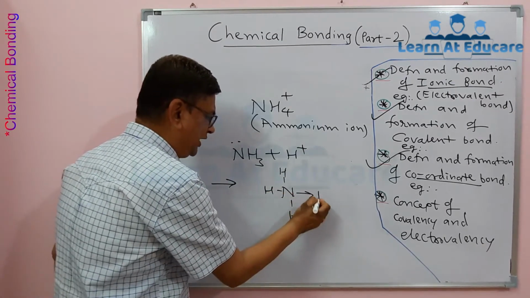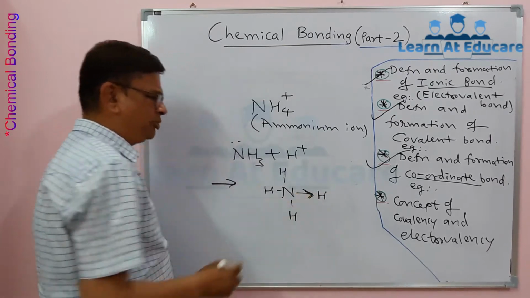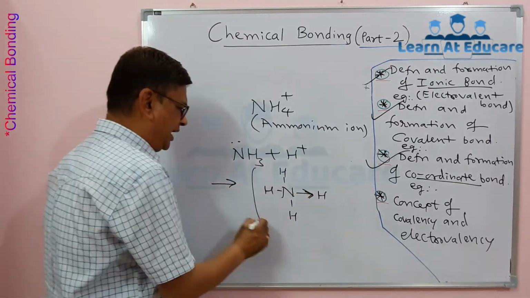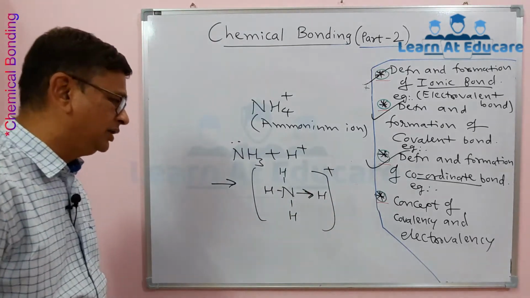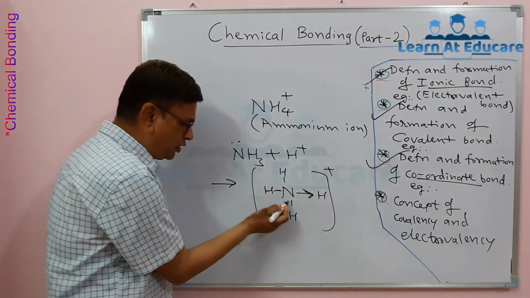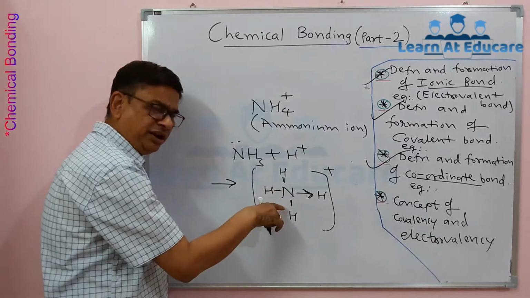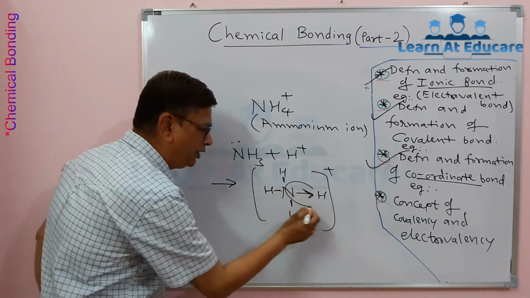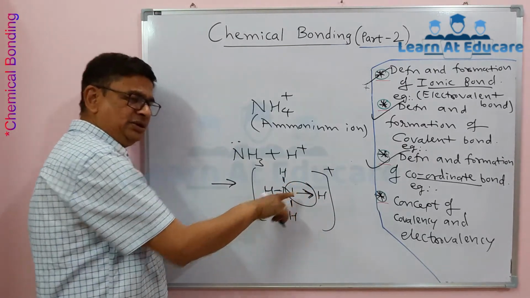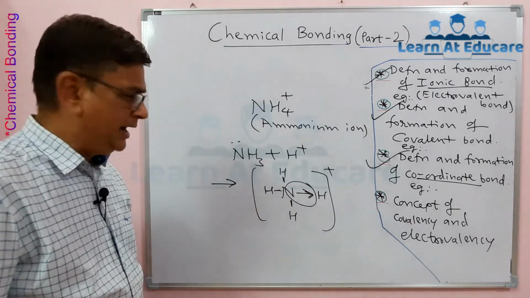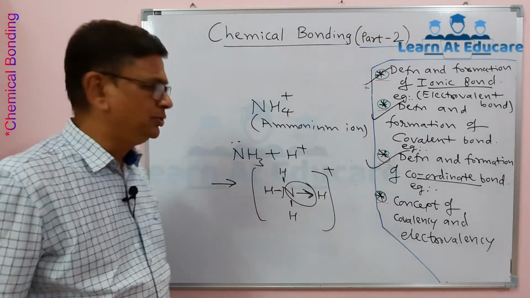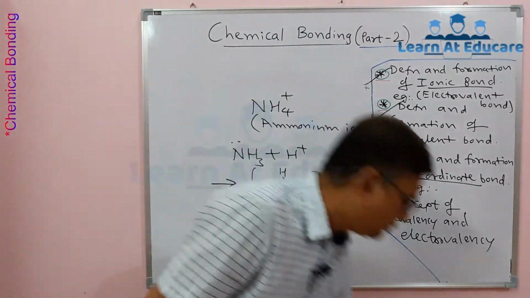The lone pair of electrons is donated here for the formation of such a coordinate bond, and then we get such a coordinate complex that is called the ammonium ion. See, these three are ordinary covalent bonds in NH3, and now this is the new coordinate bond. This arrow indicates the electron pair comes from nitrogen and it is now shared by both atoms. So that is the coordinate bond.